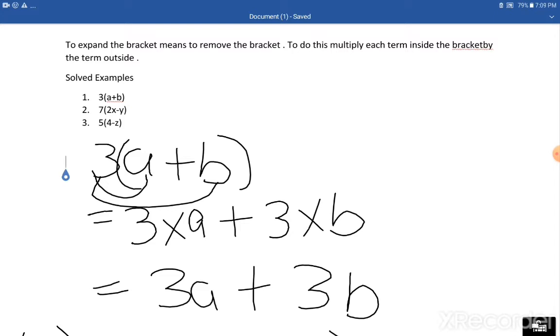That is what you mean by expanding. This is expanding. Factorization is 3a open bracket a plus b close bracket. That is the factorized form, and to unfactorize it, you simply have to do this.